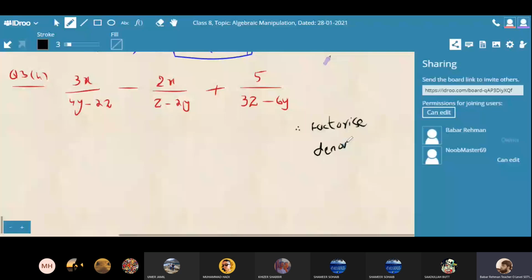So dear students, how can we factorize the denominator? 3x upon. Sadullah, take common. What is the common over here? Sir, minus 2 bracket z minus 2y. Okay, very good. You are taking negative 2 common. So it will become, Sadullah, you write in the bracket, please. Waiting for you.